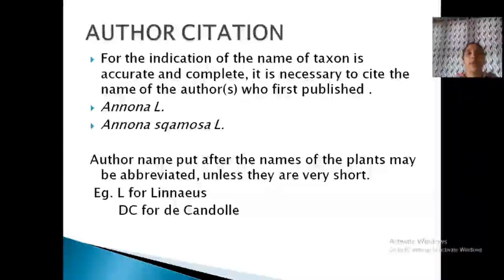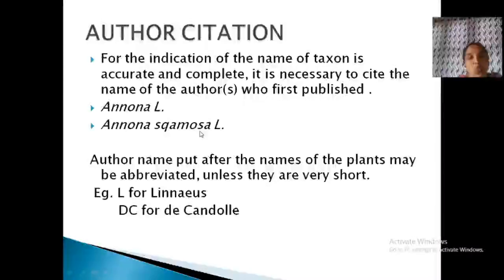Now, the next section is author citation. What is author citation? In the first session, while discussing the rule of priority, I already gave author citation. For the indication of the name of a taxon to be accurate and complete, it is necessary to cite the name of the author who first published it. Example: Annona L. means the genus Annona published by Linnaeus.